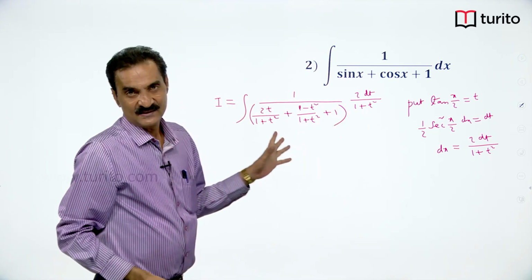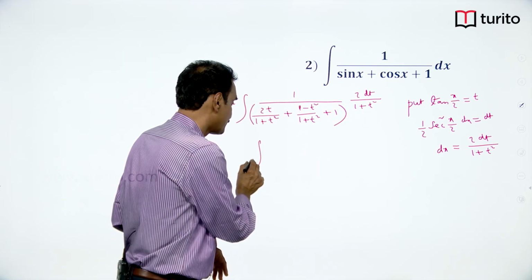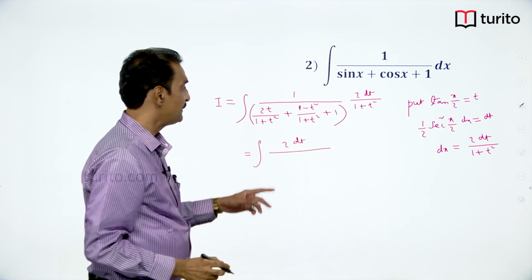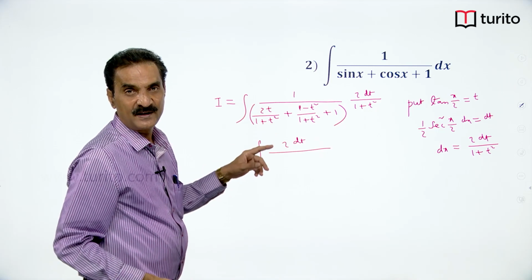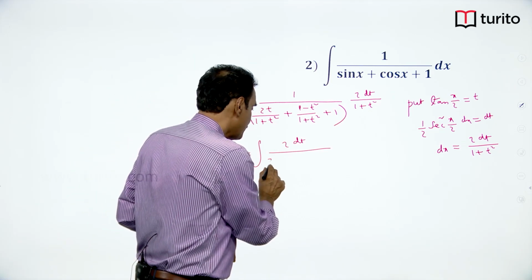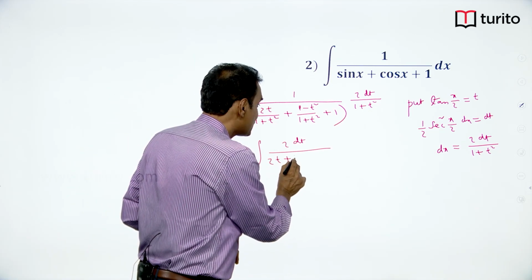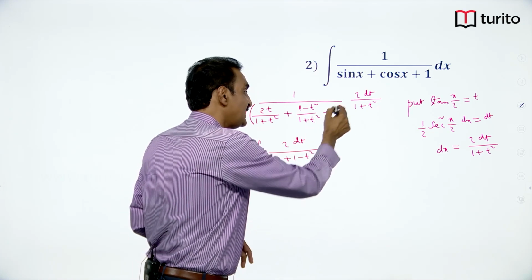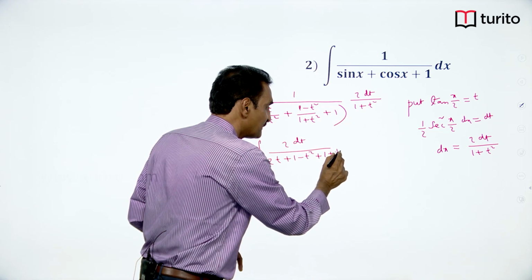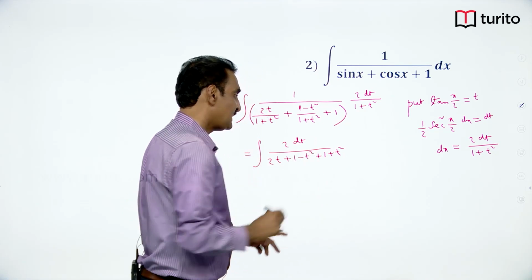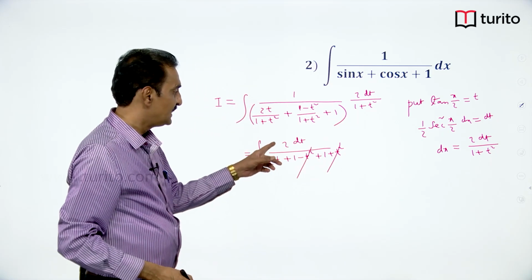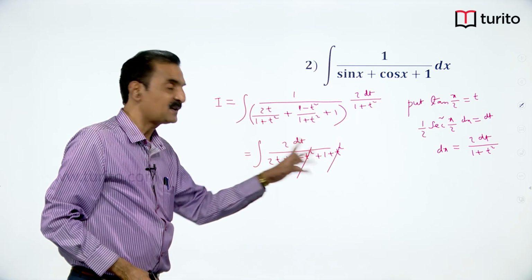1 plus t square cancels. 2 dt by, what is the remaining? 2t plus 1 minus t square plus, here you will get 1 into 1 plus t square. Then t square cancels, remaining is 2 by 2t plus 2.